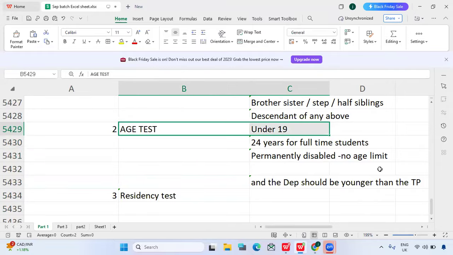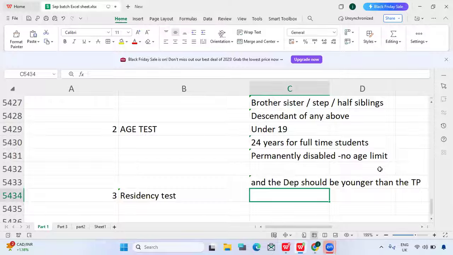So regular age limit 19 and the residency test. What is the residency test? The child should live with the taxpayer for more than half a year. The dependent should reside with the taxpayer for more than half a year. Then only we will consider a person as a dependent.